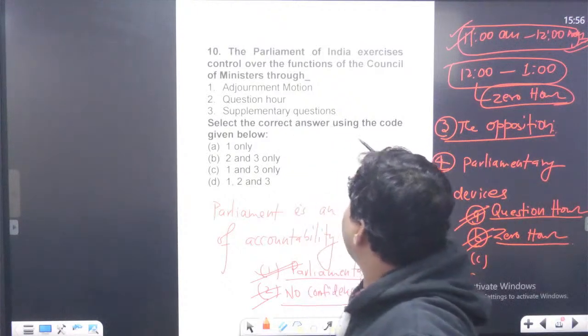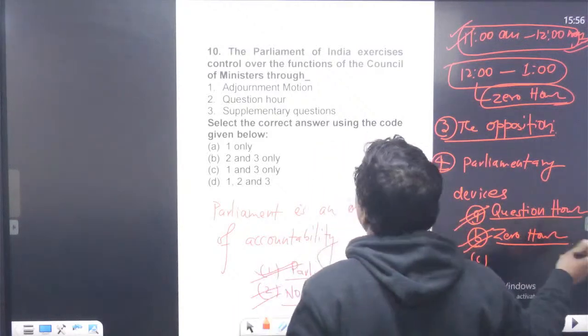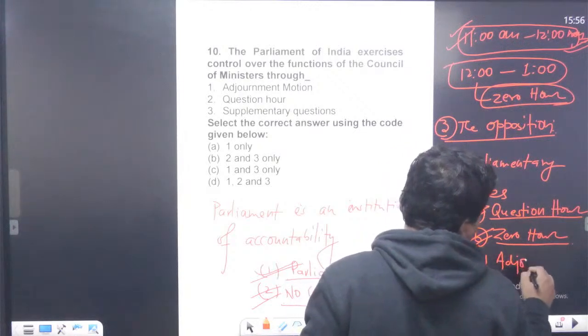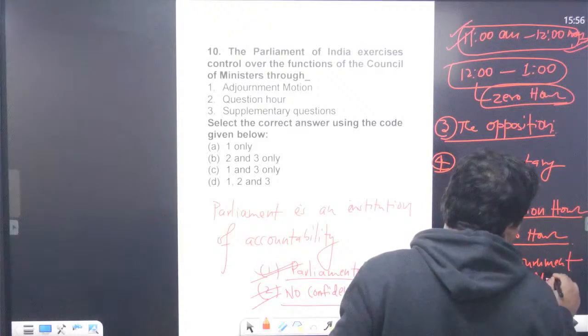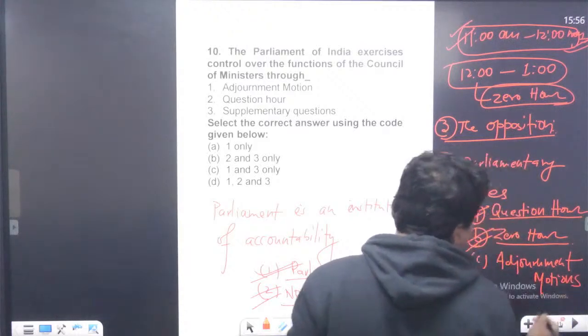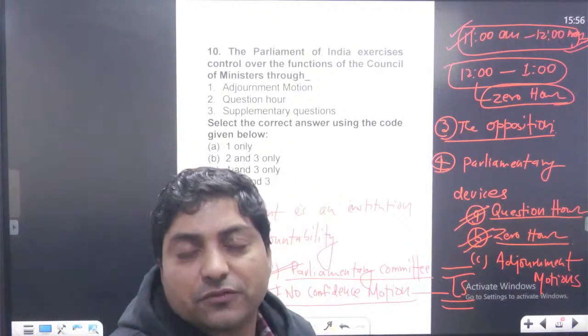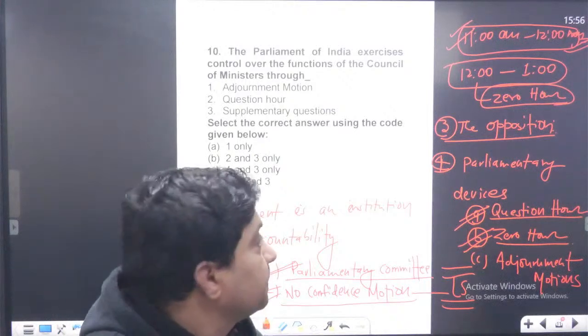Then there are supplementary questions. A member can ask a supplementary question, and adjournment motion. So these motions and questions are very much instruments for the members of the parliament to ensure accountability.